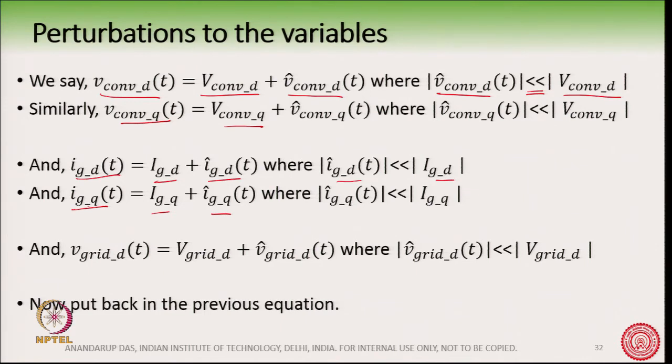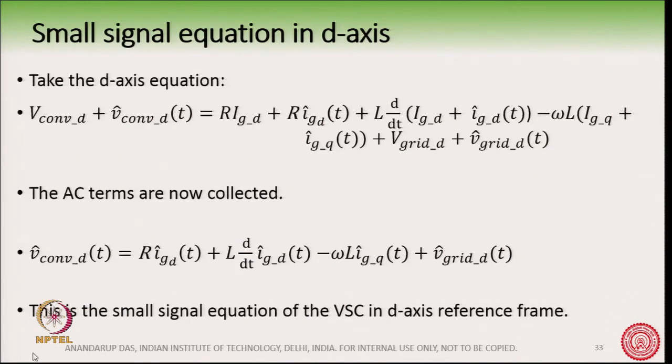Now, we put it back into the previous equation. So, I can write V conv d plus V conv d hat, and then R I G D and L, all these we put in, and then we collect the hat terms, or the small AC disturbance terms. The AC terms are all collected, and so we get such an equation here.